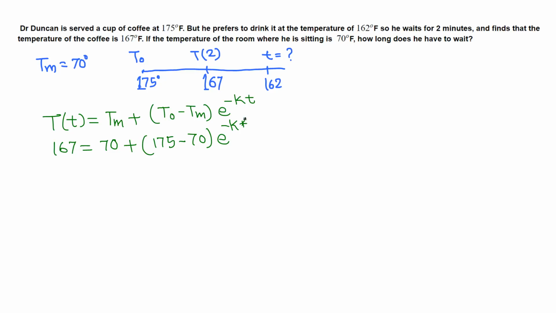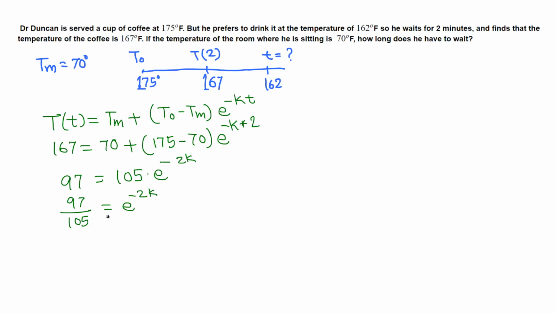That happens after 2 minutes. Subtract 70 from both sides, 167 minus 70, you get 97 equals 175 minus 70, that's 105 times e raised to negative 2k. Divide by 105, 97 over 105 is e raised to negative 2k.